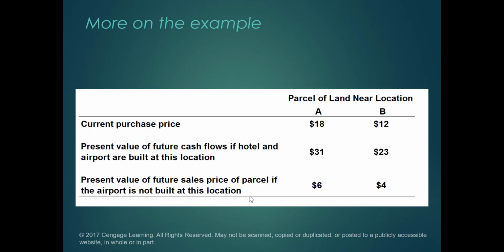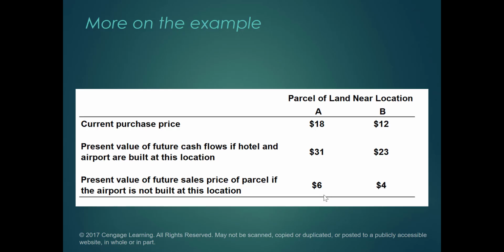Let's say the current purchase price of the land at location A is $18 million for the hotel chain, and at location B it is $12 million. If the airport is built in location A, the future value of the hotel is going to be around 31 million, but at location B it is going to be 23 million.